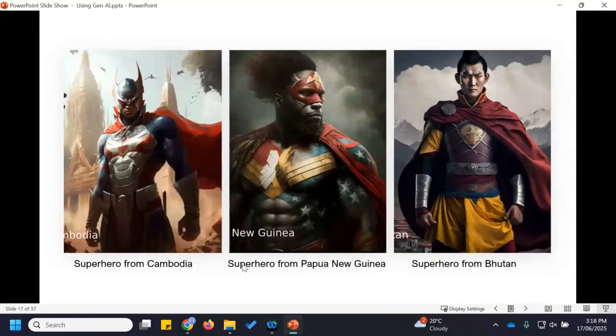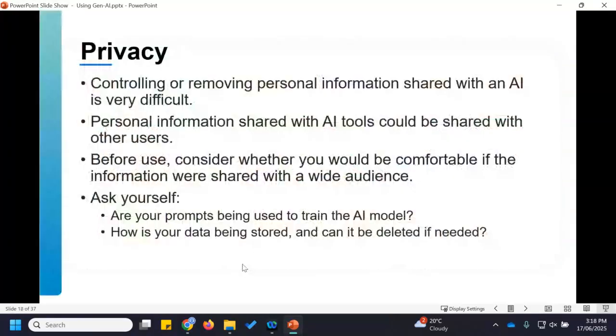So it's important to keep the bias in mind. Privacy is another big one. So again, kind of linking to copyright, it's important to keep an eye on what you actually do put into an AI. As we said, you're allowed to put in anything that you've written, but keep in mind that that now can be used by the AI in any way. So when someone else has asked a question, your work could come up, right?